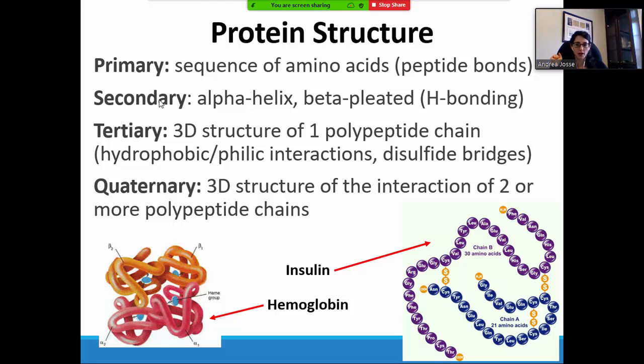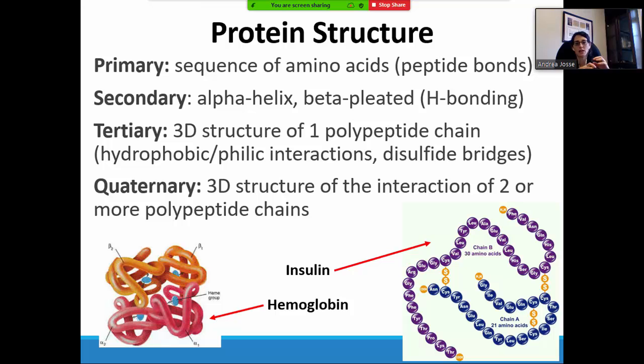The secondary structure is this alpha helix or beta pleated structure of some proteins. And this is done through hydrogen bonding between the different amino acids. So this creates this secondary structure. The tertiary structure starts to form this 3D structure of a single polypeptide chain.